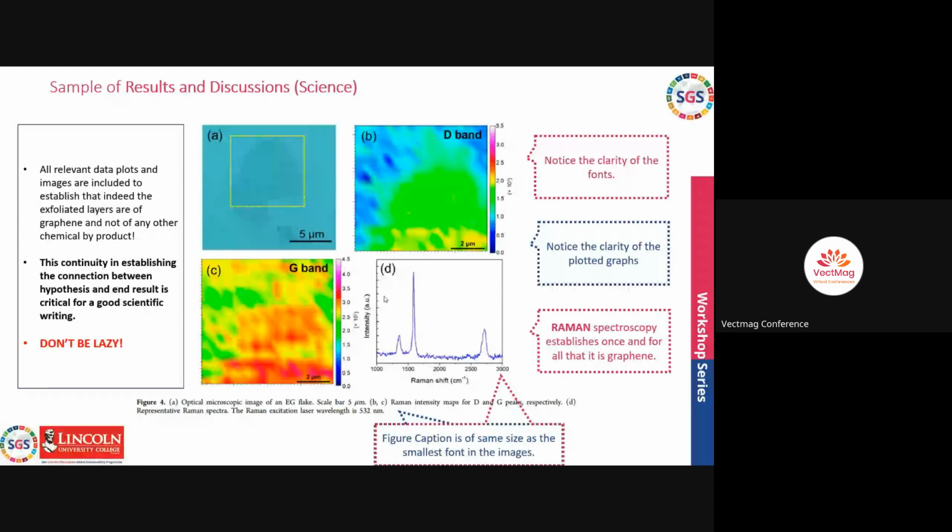Usually the figure caption and the font in the figure should be the same size, which is preferred. Your font size inside the figure can be bigger than the caption, but it looks more uniform when it is the same size. Unless you want to emphasize something much more important, your figure font should be equal to your caption font.